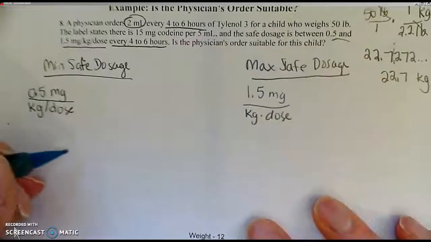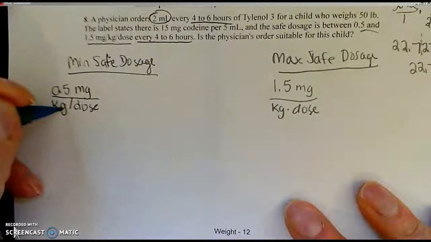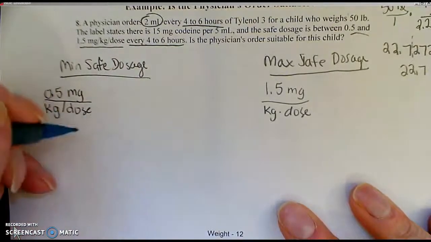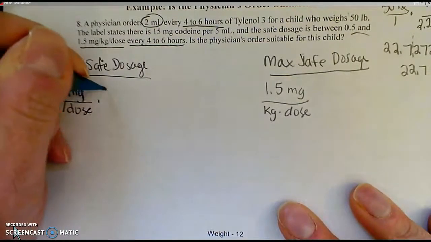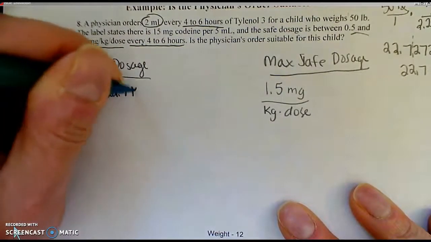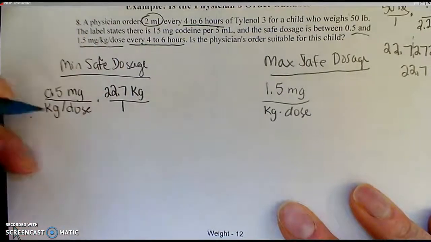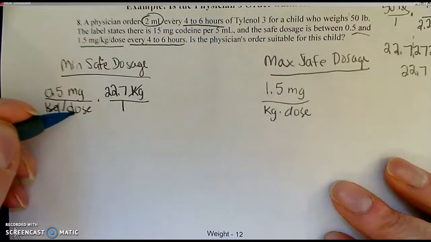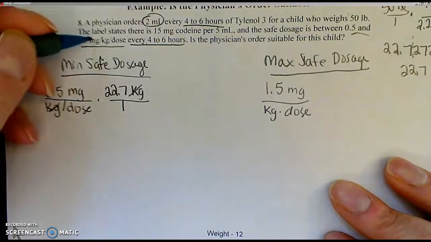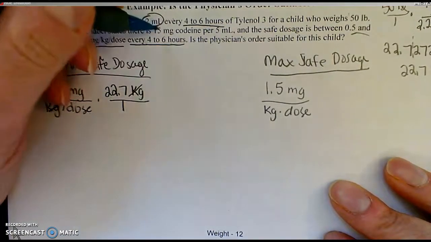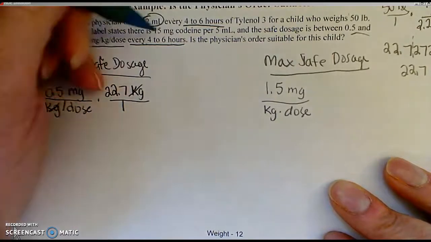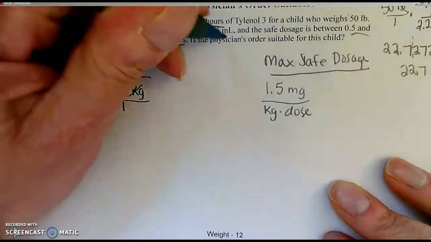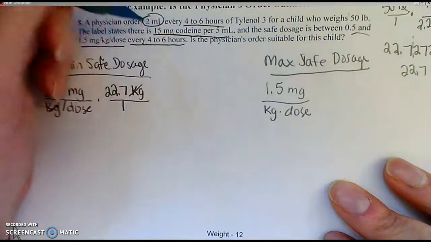So the first thing I'm going to do is to take that minimum and the maximum safe dosage, do one at a time, and multiply by the 22.7 kilograms. So that'll give us milligrams per dose. But that's going to give us milligrams, so we also need to convert. We know that the strength here is 5 milliliters goes with 15 milligrams.